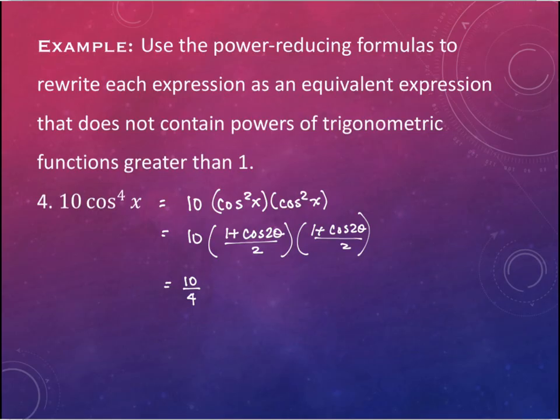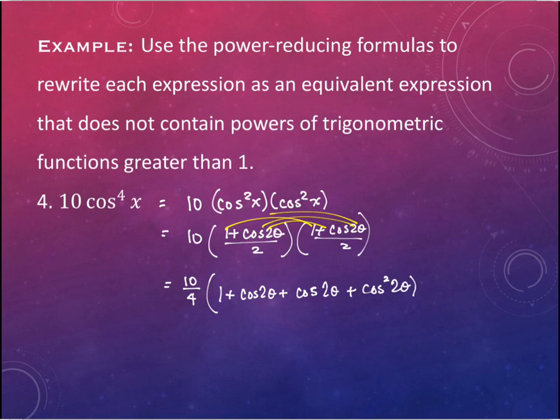And then on the inside, what I'm going to do is I'm going to have to FOIL this out. So I'm going to do first, outer, inner, and last, right? So I'm going to FOIL this. So if I FOIL this, I'm going to get a 1 plus a cosine of 2 theta plus another cosine of 2 theta plus a cosine of 2 theta, and it's squared. So I'll put the square there. And lo and behold, you have a power of 2 showing up, as I mentioned we would, right?